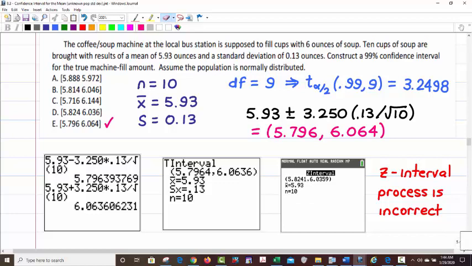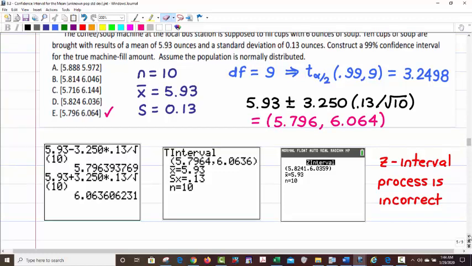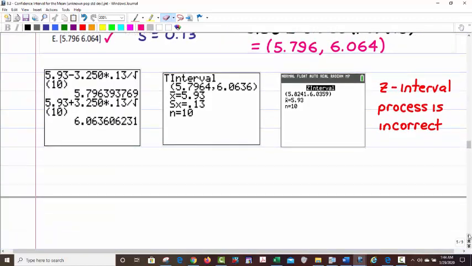It could be a combination of both, or you just don't find the correct answer because you chose the wrong process. So just be very, very careful, and these will be easy.